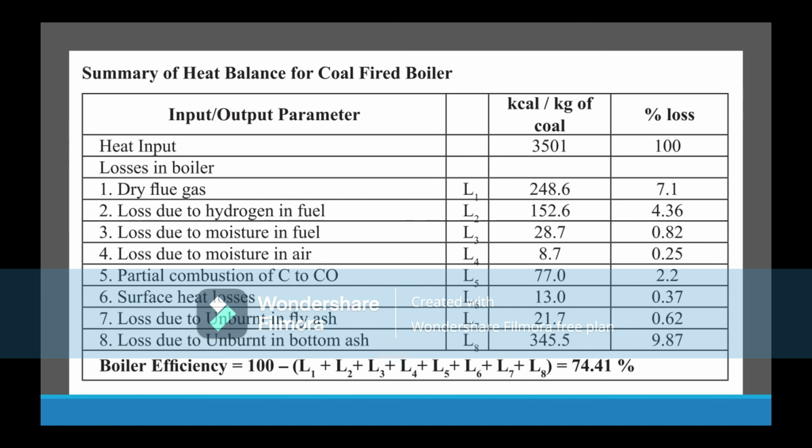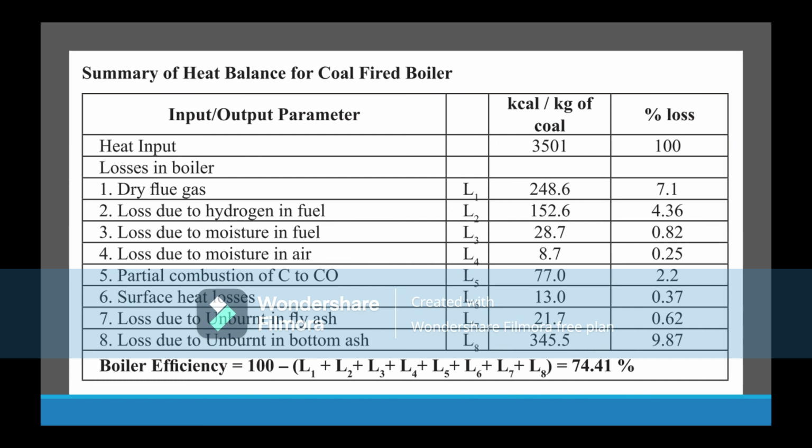Then the summary sheet of heat balance for the coal fired boiler: the heat input is 3501 calorific value per kg of coal, and all other values are also per kg of coal. Therefore, it is independent of the amount of fuel firing. Therefore, the dry flue gas is equal to 248. Likewise, all the other losses are listed and the percentage of losses are listed.